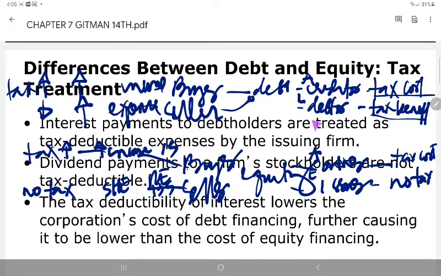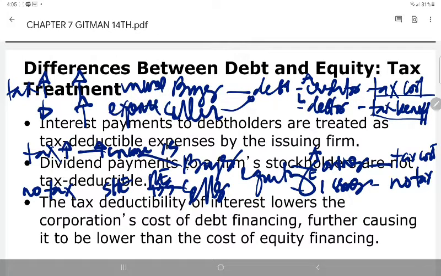Kasi pag nag-issue ako ng debt security, mababawasan tax ko kasi may interest expense na pang bawas dun sa lahat ng kinita. Samantalang kapag ako ay creditor, matataksan ako kasi tumanggap ako ng kita. Diba? Ganon din naman kapag ako ay investor ng stock.